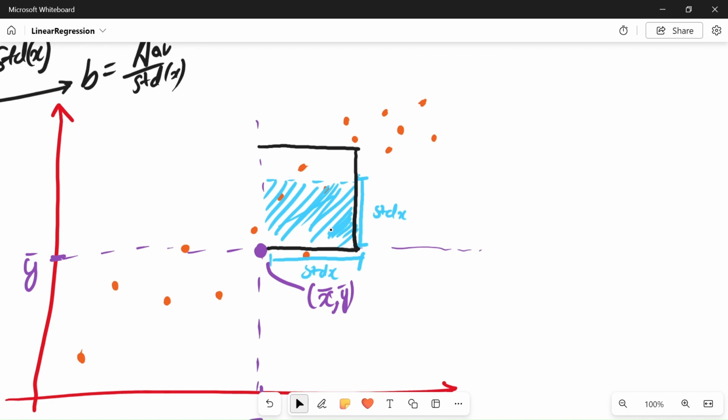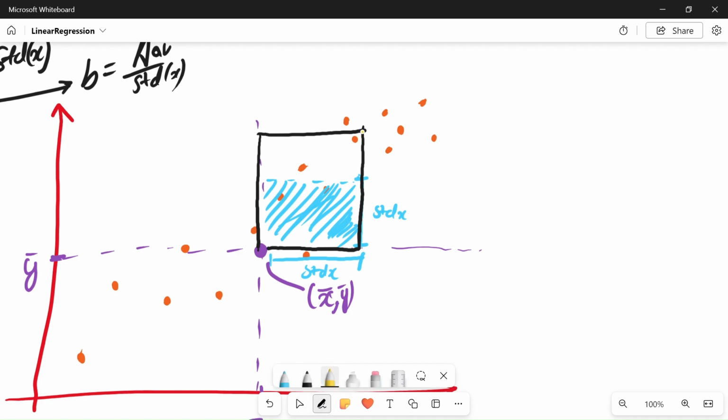Let's say the point is at a good position, actually, even if I've drawn it randomly. So this is the average point. Let me choose another color to highlight it.